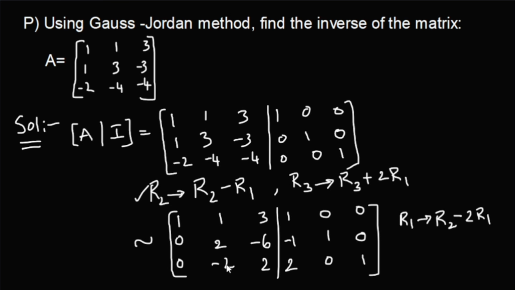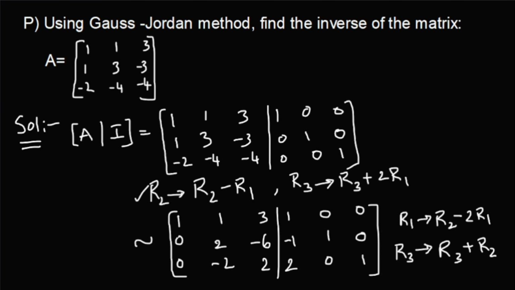And the next one is R3. We're going to modify R3. R3 plus R2. Minus 2 plus 2, 0. Okay.